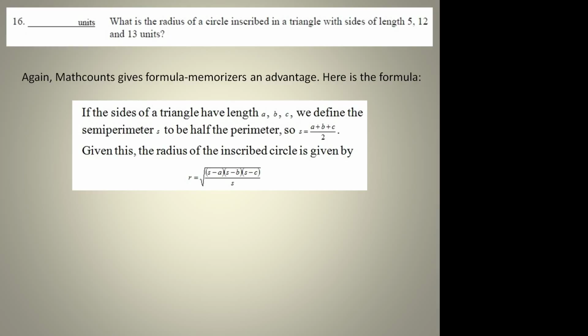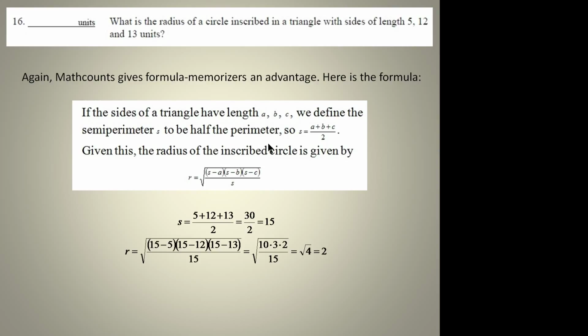You add the three sides A, B, and C, then divide by 2. Then the radius of the inscribed circle is given by this formula: you calculate S minus A, S minus B, S minus C, multiply together, then divide by S. Then you take the square root.